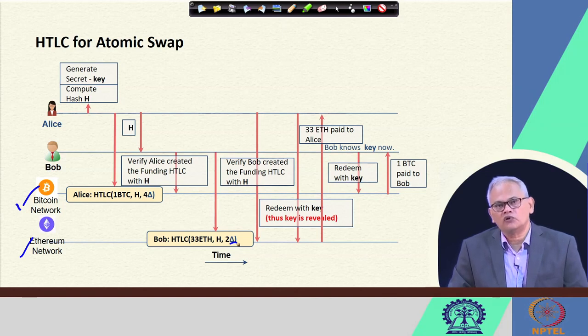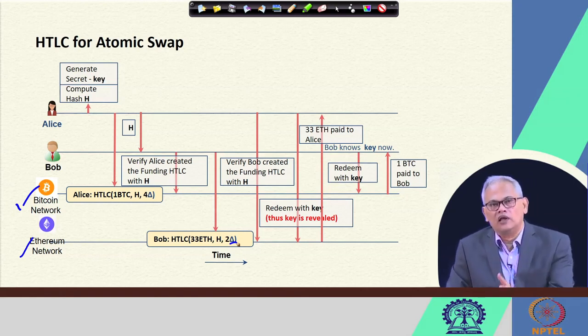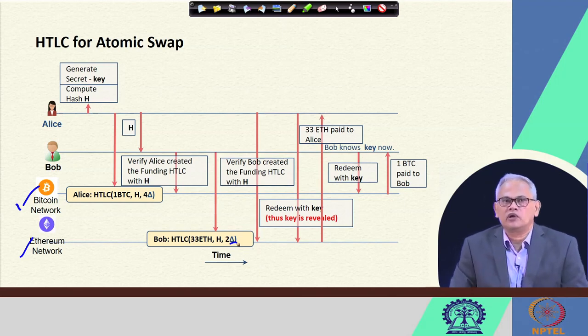So, Bob's contract will time out at 8 p.m. Alice created the contract at 5 p.m., Bob at 6 p.m., Bob's contract will time out at 8 p.m. and Alice's contract will time out at 9 p.m. But let us wait on that. So, let there be no need for timeout.